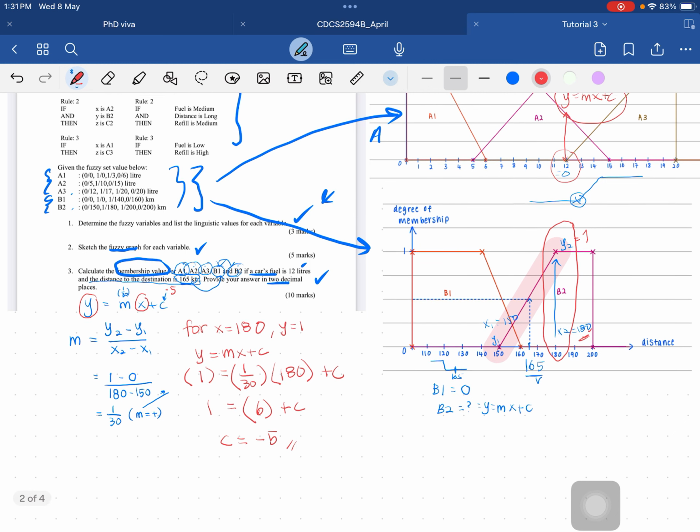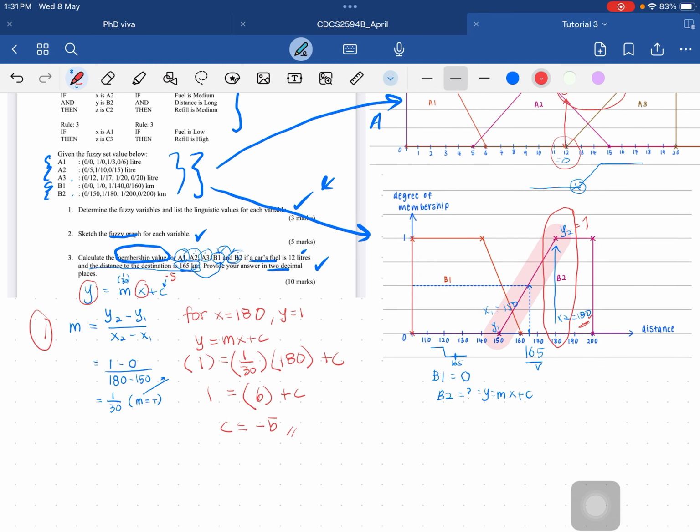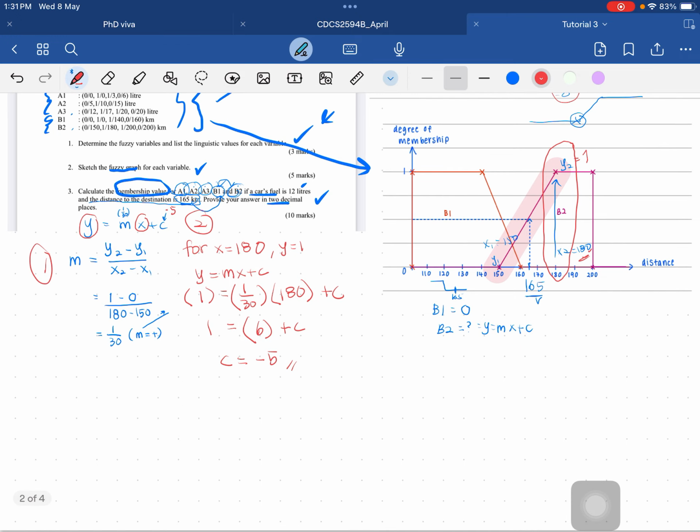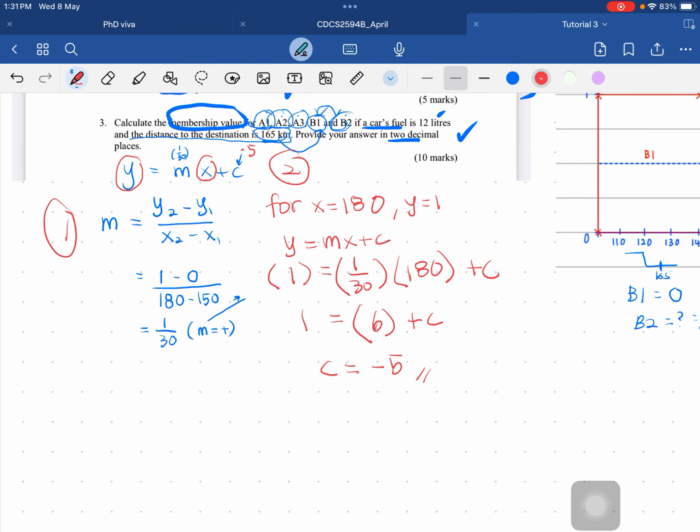Next, this is step number 1, this is step number 2. You need to replace the value of x with the question value, 165, so that you can find y. So y is equal to, wait, let's just change the color.